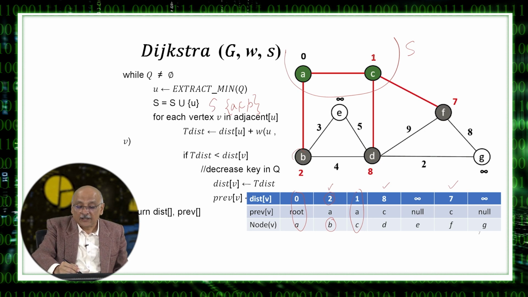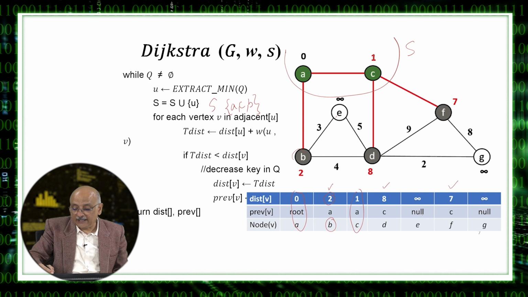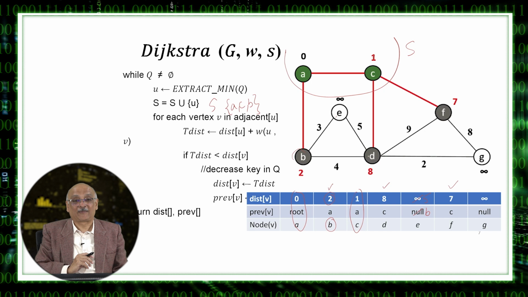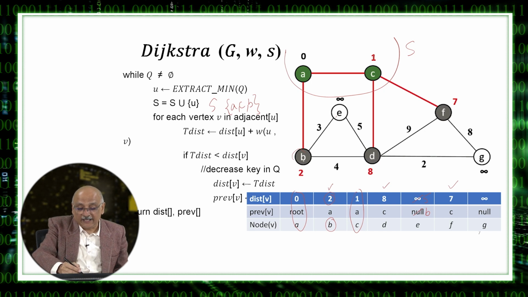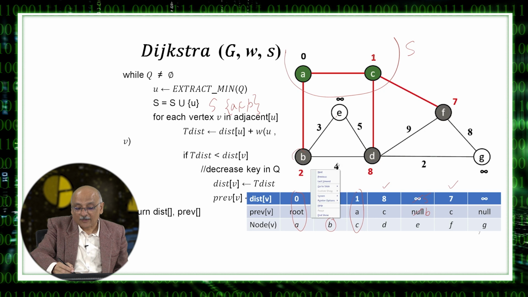What addition? Now E. For E, the weight is going to be 2 plus 3, right. So for E, earlier it was infinite, now it is 5. Predecessor is B. What about D? So for D, the weight is 2 plus 4. All right.